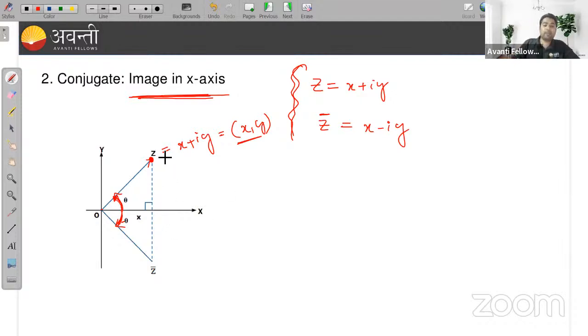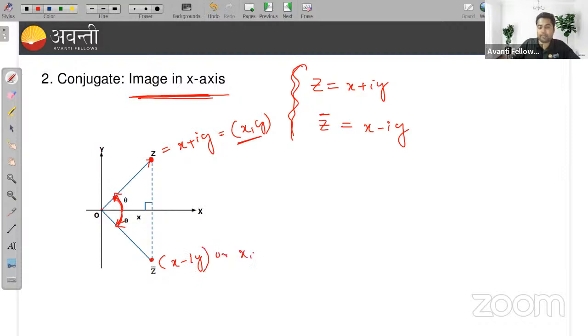Then if you observe here, if the coordinate of this point is (x, y), then this point will be, tell me, (x, minus y), that is x minus iy.